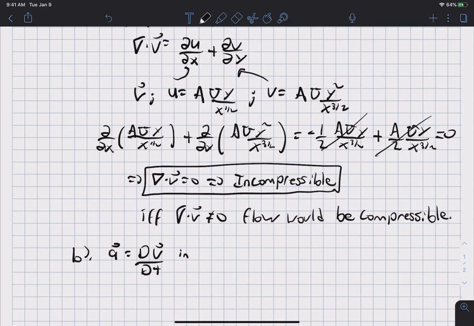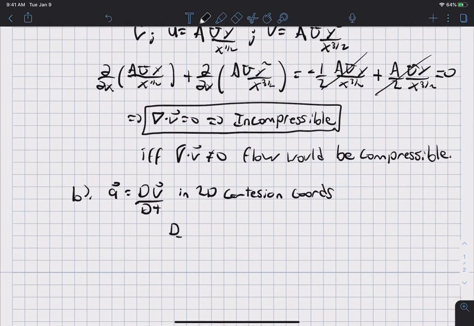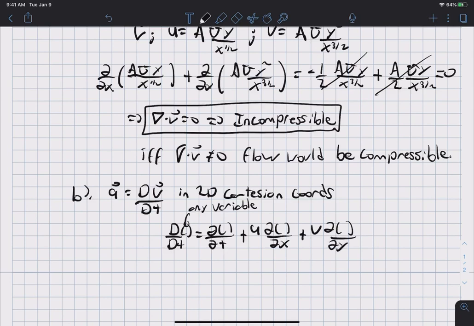And so in 2D Cartesian coordinates, the substantial derivative operator is given by d by dt acting on any variable, is equal to partial of that variable with respect to time plus the x component of the velocity field times partial of the variable with respect to x plus the y component of the velocity field times partial of that variable with respect to y.